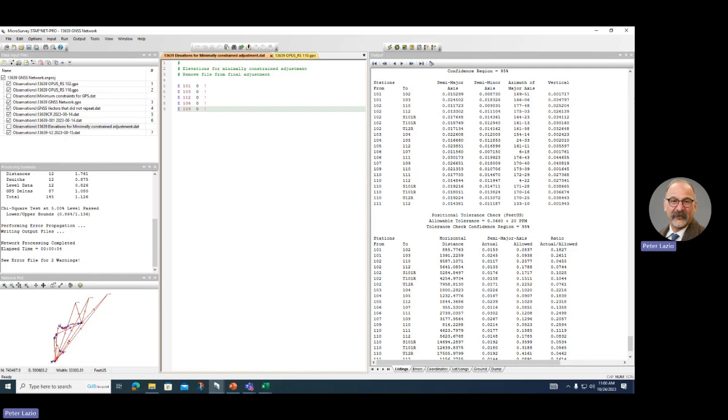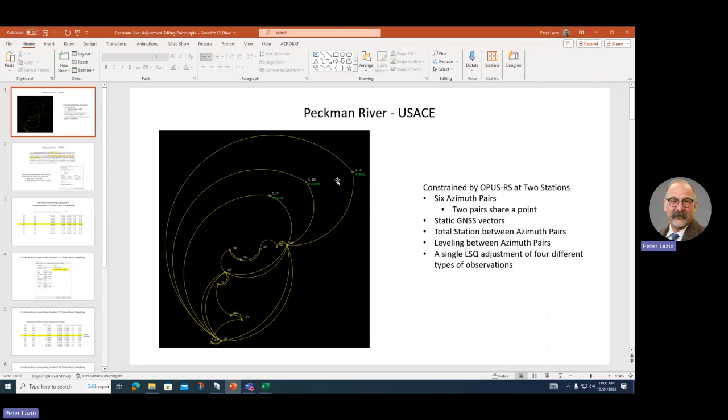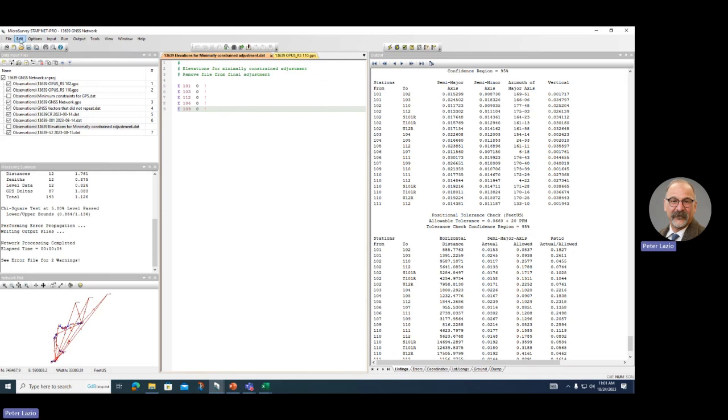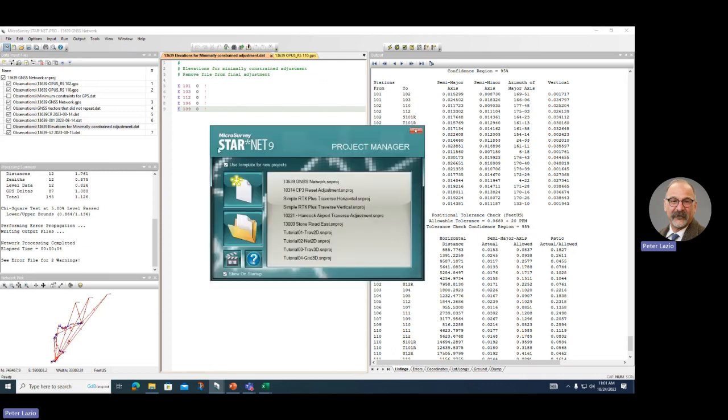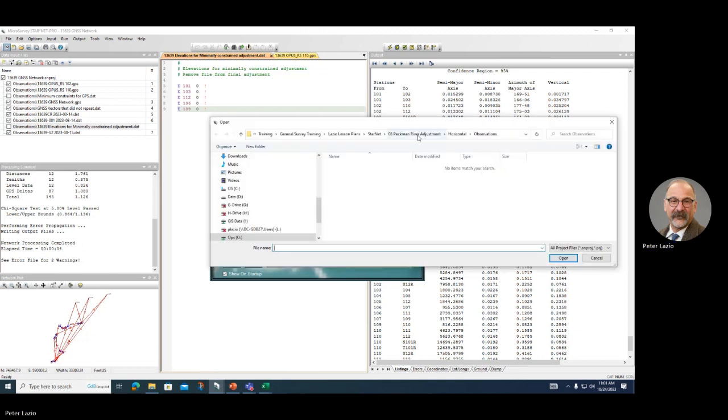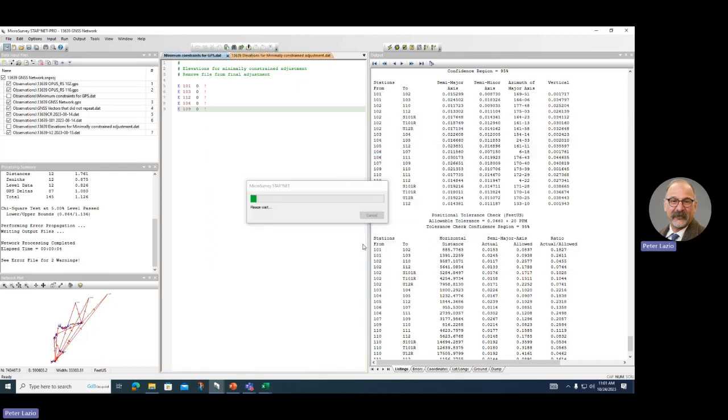Okay, so we have our ties to the external data, but we still haven't really addressed this over here. What we did here is we did end up doing a separate vertical adjustment.